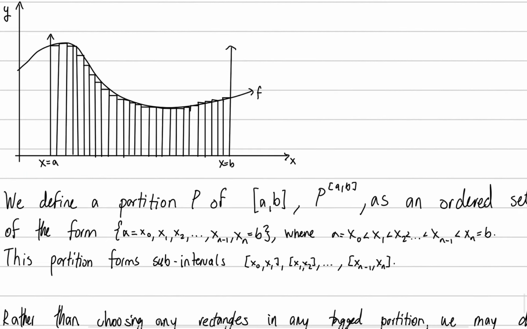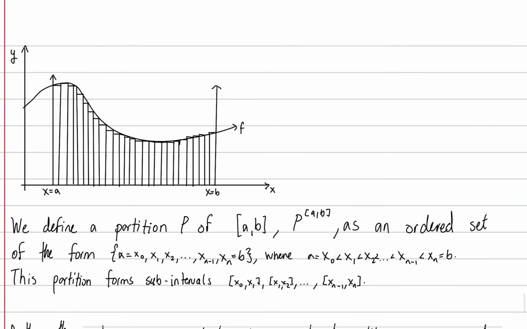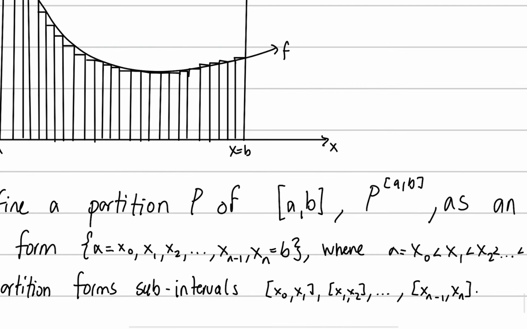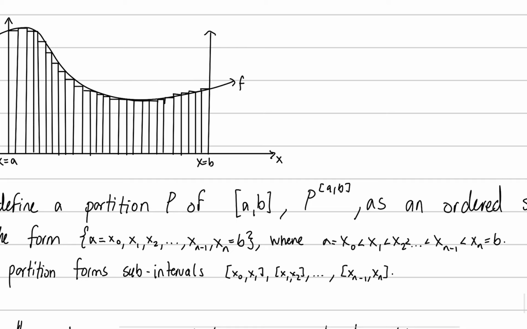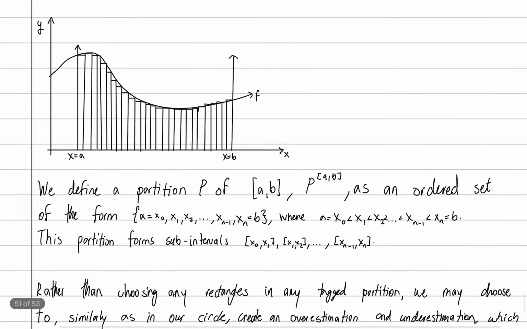First, we're going to define a partition P of the interval [a, b], and we're going to denote it like this. It is an ordered set, so order matters, of the form x_0, x_1, x_2, all the way up to x_n. These are the endpoints of intervals. They form these partitions.